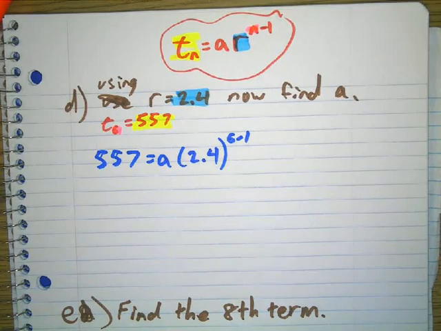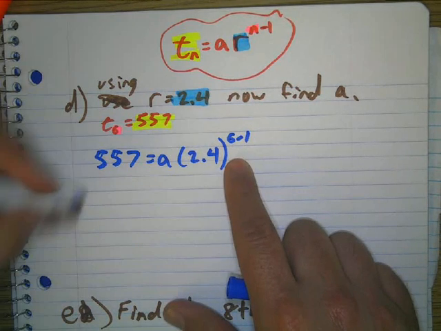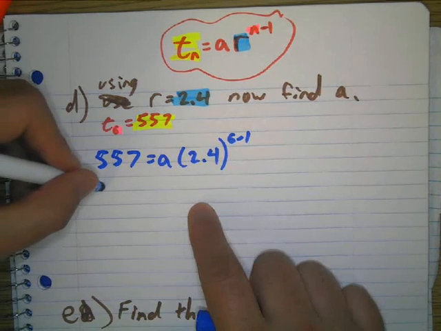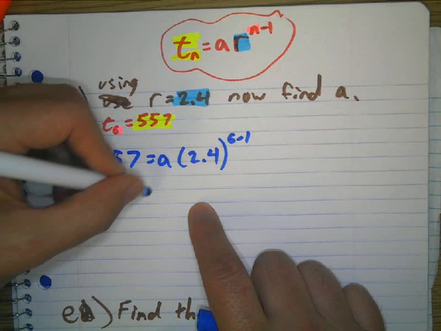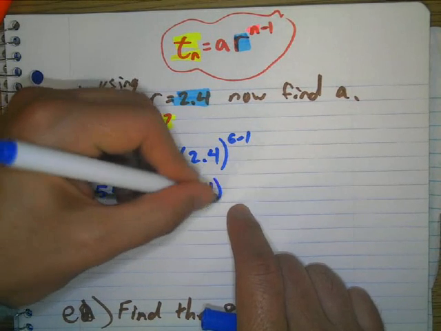All right. So I've got 557 equals a times 2.4 to the 5th power, right?